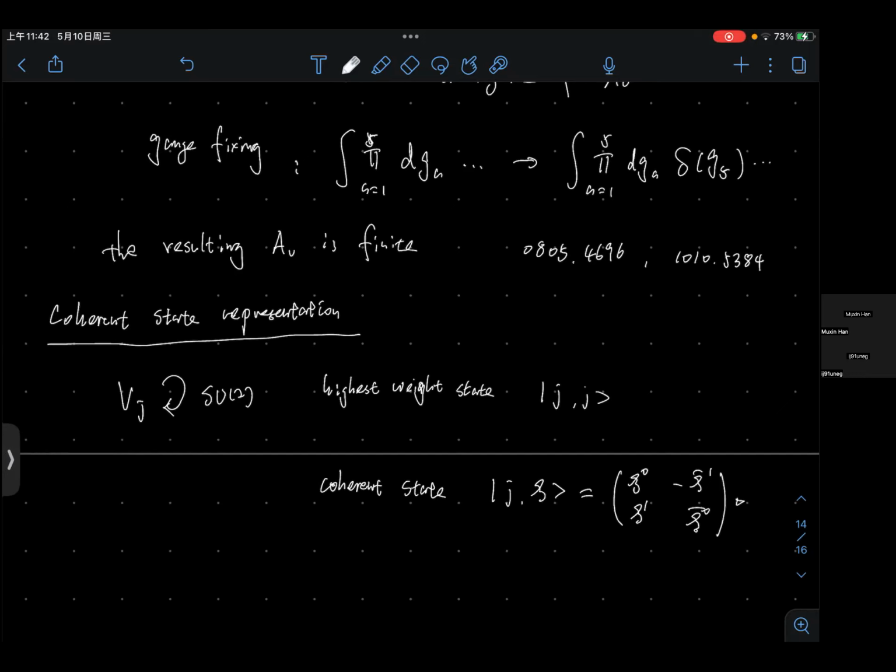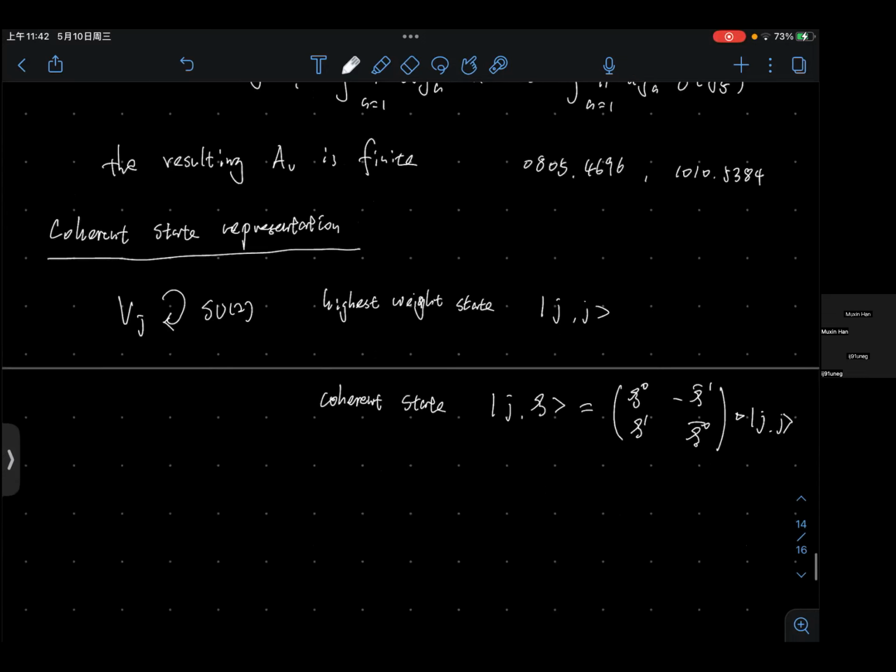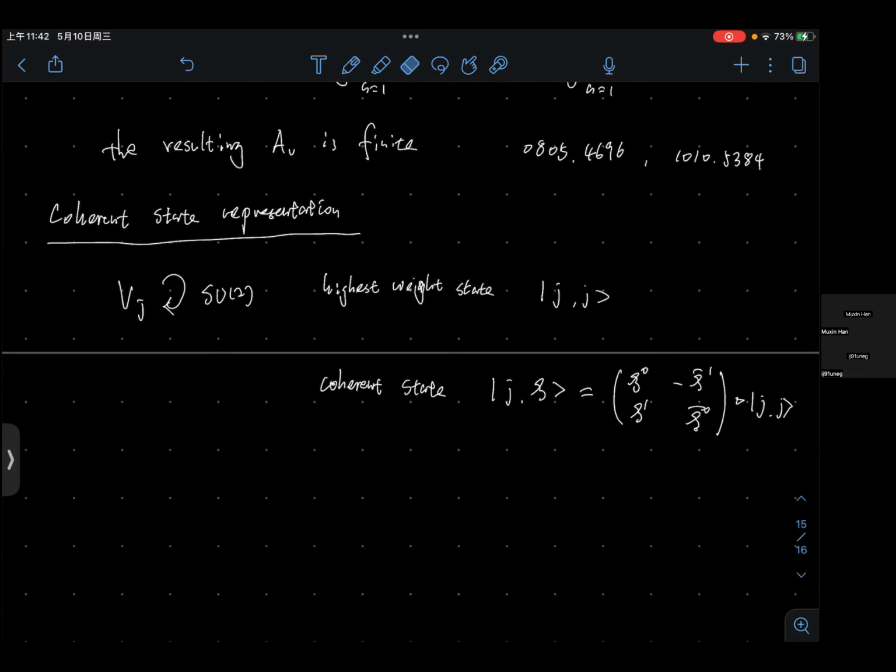Then this SU2 element acts on |J, J>, on the highest weight vector. Here I write this triangle to mean that this group element is acting on the state. So you see the SU2 coherent state is a certain class of SU2 group element acting on the highest weight vector.